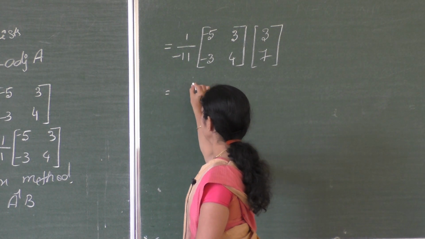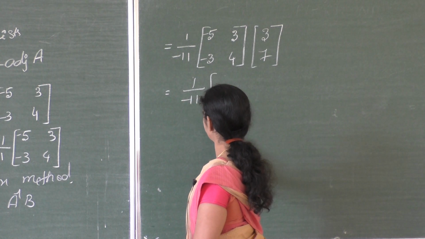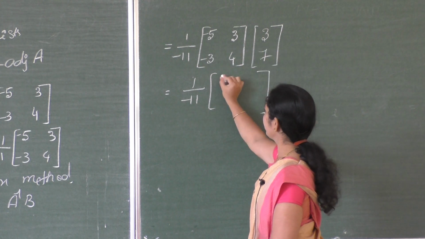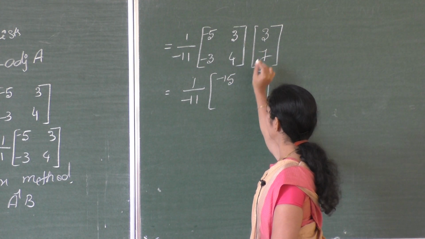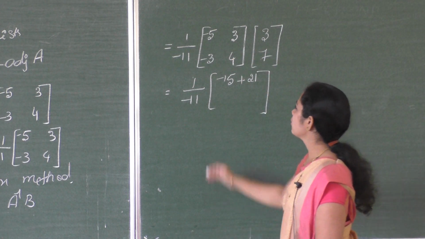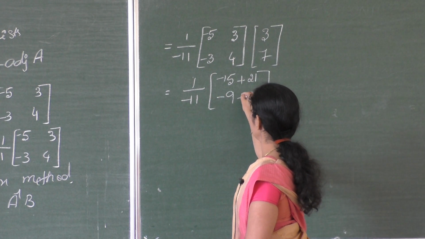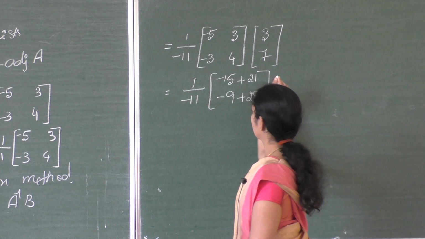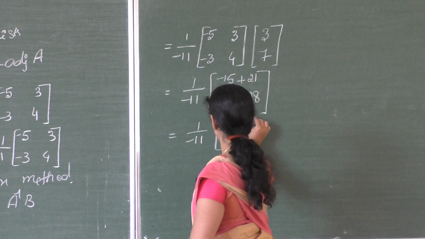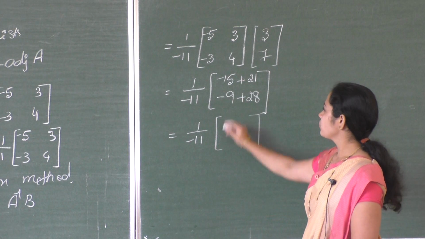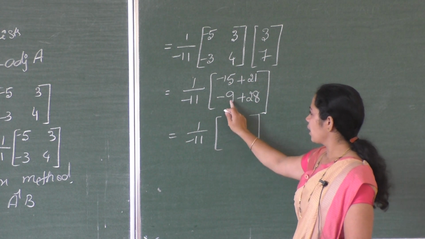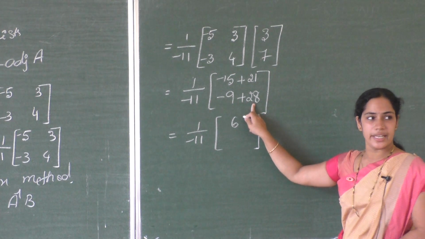Now write this as it is: 1 by -11, multiply here, 5 into 3, -15 plus 7 into 3, 21; next here, -9 plus 28. Now this is equal to 1 by -11 into -15 plus 21, this is 6, -9 plus 28, 19.